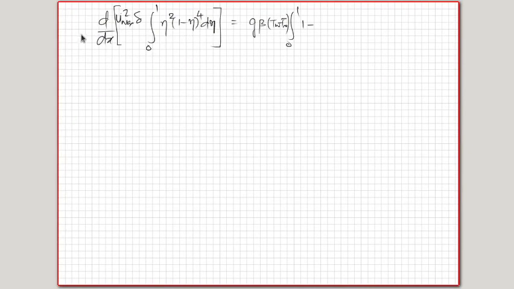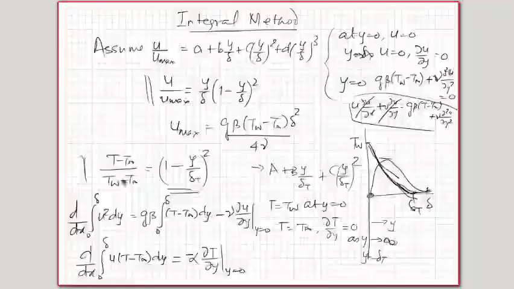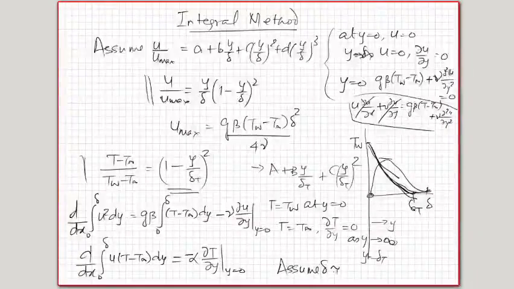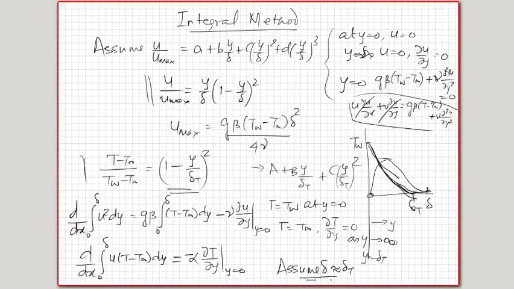Before I go on, what I'm trying to do now in the integral method is to assume delta is approximately the same as delta t. So this is one restrictive assumption I'm making in order to make the algebra simpler. I'll show you when this assumption is not made, the algebra becomes a little bit more complex, but it is still workable. So right now we'll do with this assumption.